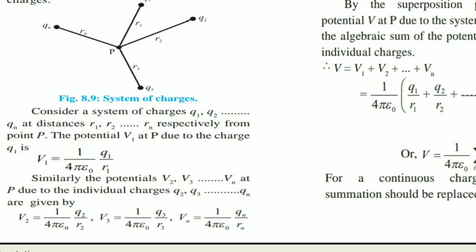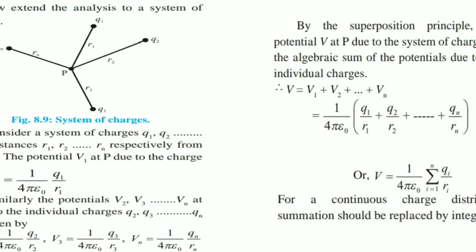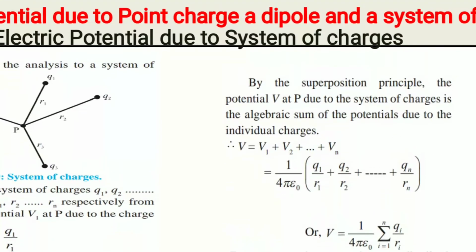Then V3 is equal to 1 upon 4 pi epsilon naught Q3 divided by R3, up to Vn is equal to 1 upon 4 pi epsilon naught Qn divided by Rn.